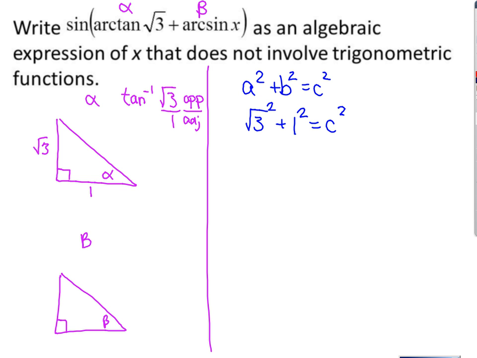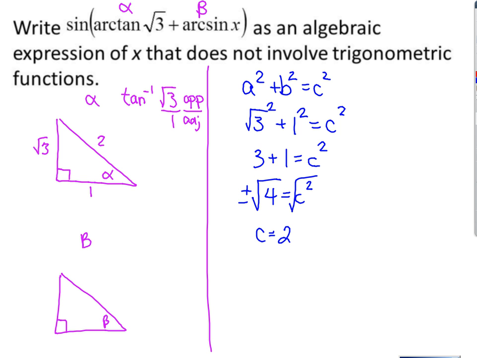To get the c by itself, we take the square root. When you take the square root, it can be positive or negative. But since we're talking about a length, this will be positive. So we know the length of this third side is going to be a positive 2.